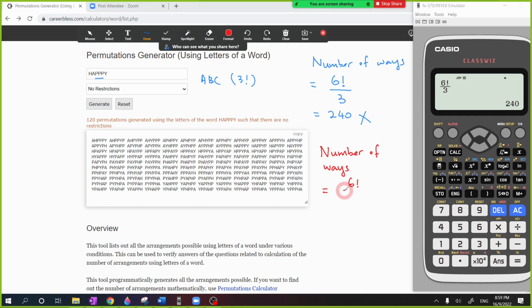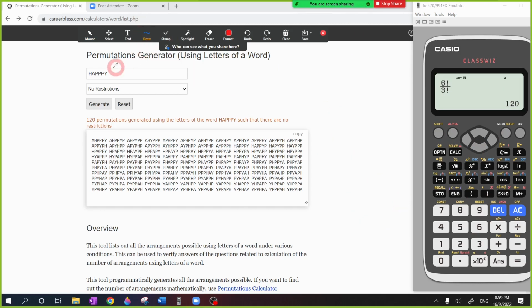Six factorial divided by 3 factorial. Okay, so this time we should be able to get the correct answer. 6 factorial divided by 3 factorial. 120. Yes, our answer is correct. This is the correct answer.